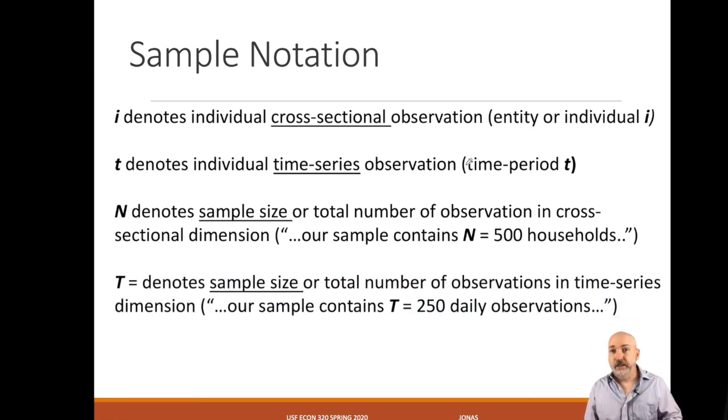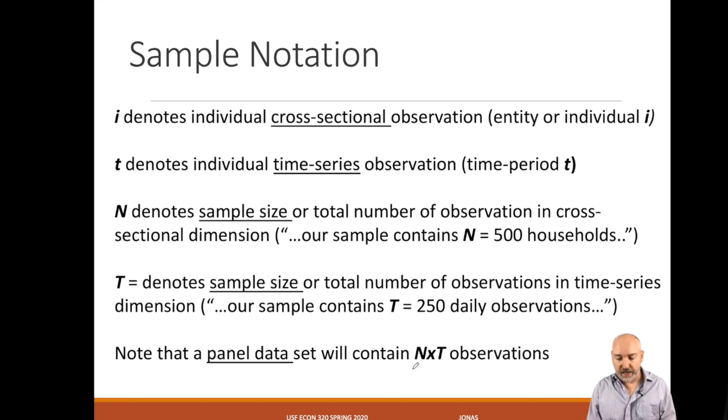Big T, time series sample size, so the number of periods in our sample. And then note in that panel or longitudinal sense where we have both, the total number of observations will be N times T, so the number of entities observed across time. So we'll just be familiarizing ourselves with that notation.